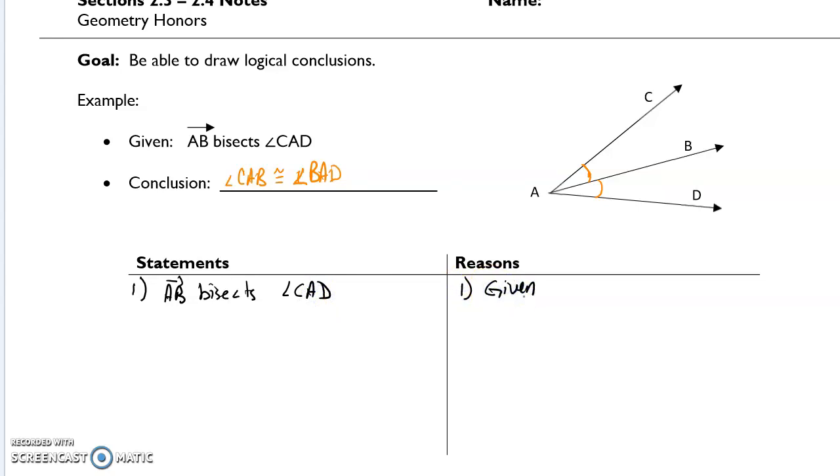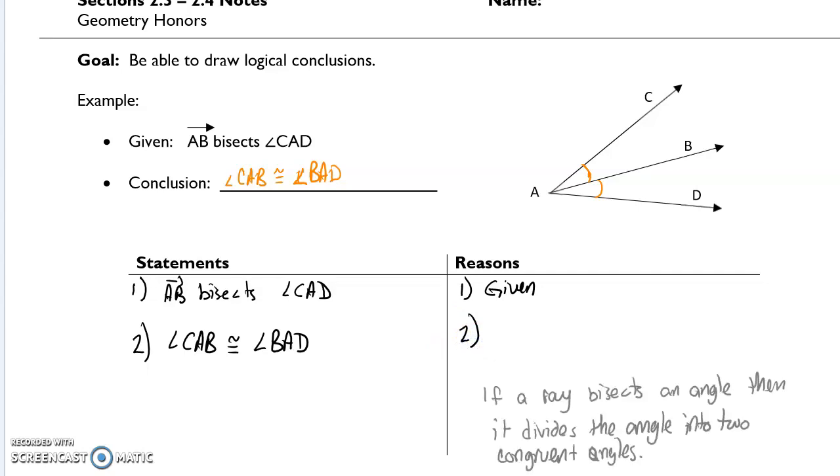You always have a statement and a reason. And then the conclusion can come after, that angle CAB is congruent to angle BAD. And then we need a reason.